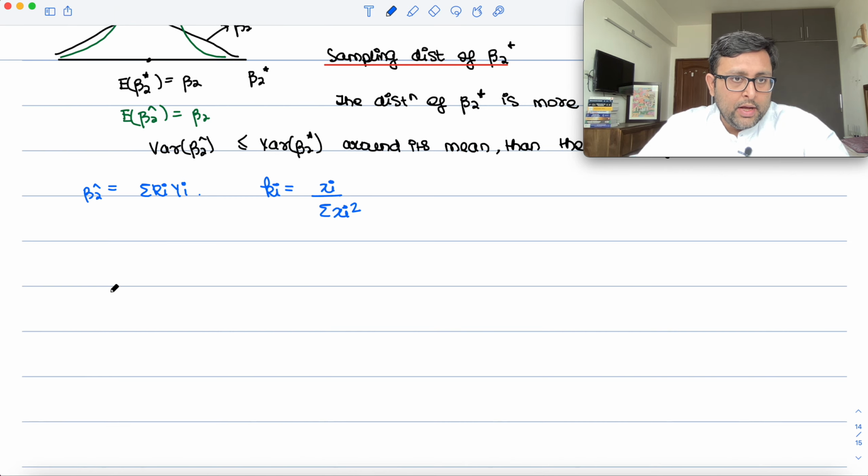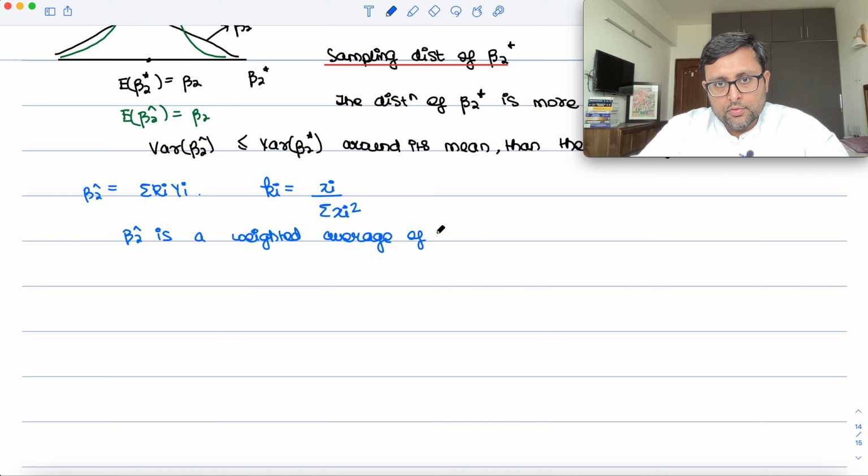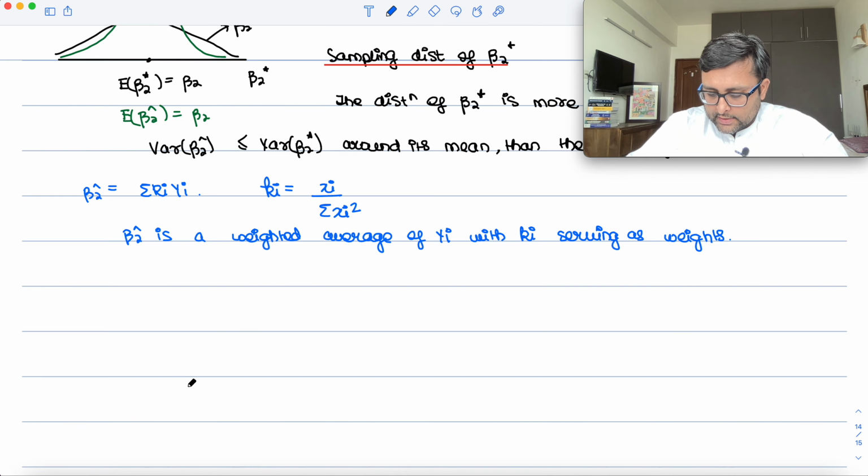So basically, beta 2 hat is the weighted average of yi's with ki serving as weights.